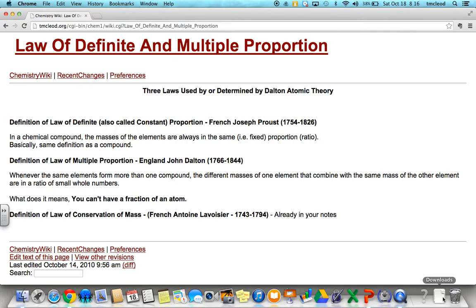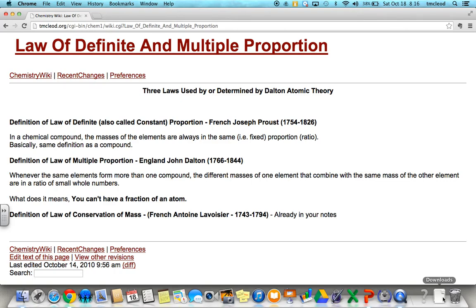In that case, you have C1O1 and C1O2, and since there's one C for both of them, if you look at the oxygens, the little numbers in the subscript must always come in a simple whole number ratio, in this case 1 to 2.